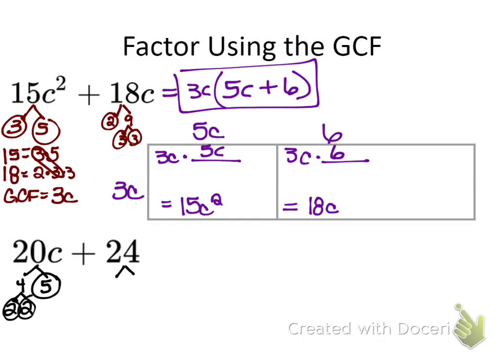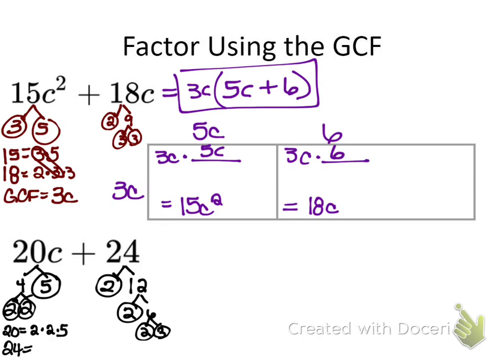Okay, and then for 24, 2 and 12. For 12, 2 and 6. And then for 6, 2 and 3. Okay. Few more prime numbers here. So for 20, I have 2 times 2 times 5.